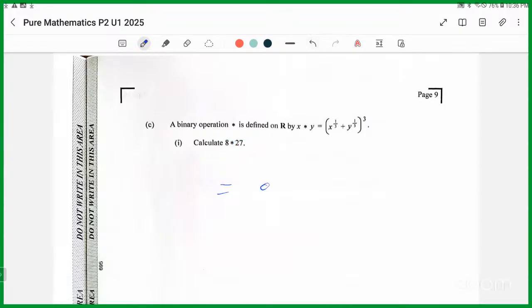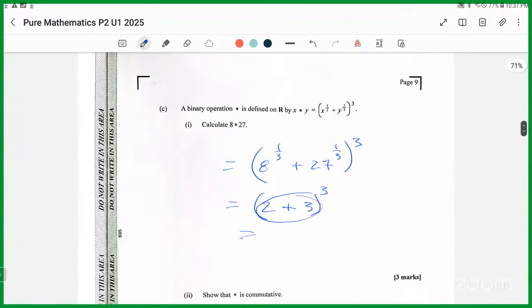So it becomes 8 to the 1/3 plus 27 to the 1/3, all being cubed. 8 to the 1/3, like cube root of 8, is 2, plus 27 to the 1/3, like cube root of 27, which is 3. That's all raised to the power 3. This inside there is 5. 5 cubed is 125. That's the answer.